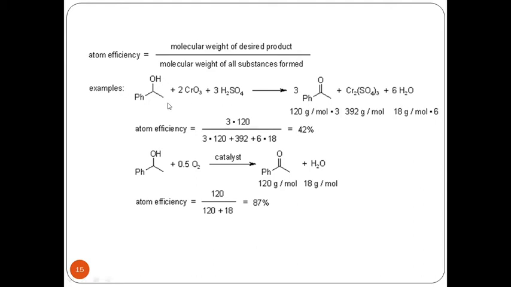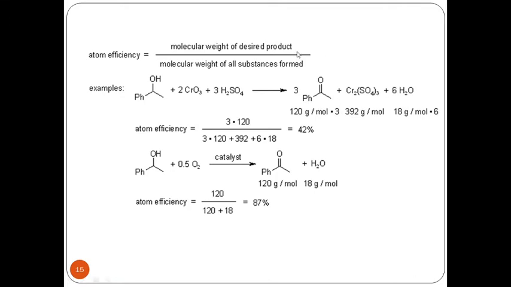What we can observe here is we are trying to oxidize benzyl alcohol and convert it into the respective aldehydic system. Towards the right hand side, benzaldehyde is formed in 3 moles, chromium sulfate is 1 mole and 6 moles of water.